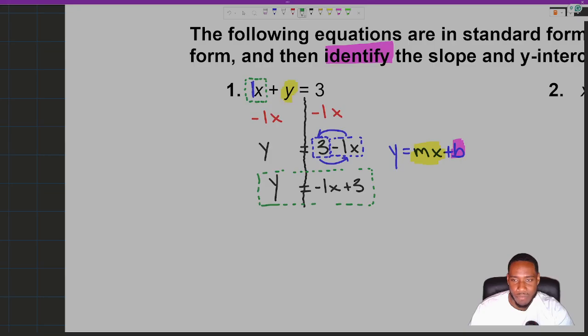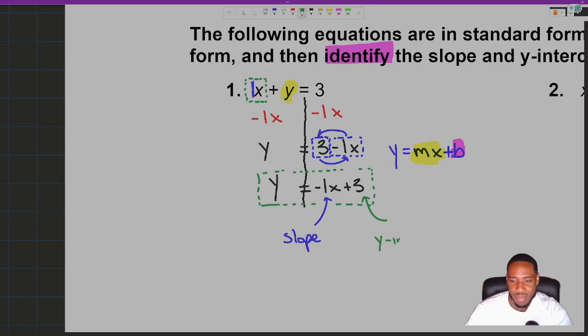It's in slope-intercept form. The second thing they asked us to do was identify the slope and the y-intercept. And so if you remember from that brief discussion we had previously, the slope is going to be whatever number m is in front of the x value here. We see that is negative 1. And the y-intercept is going to be whatever number is the constant in this equation. In this case, it's at the back.